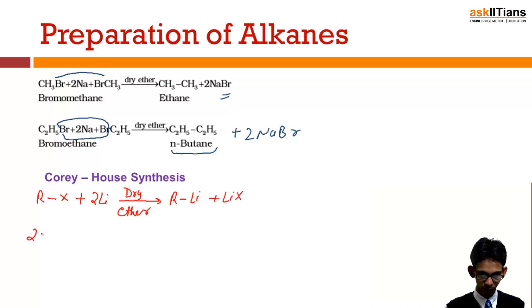Then two molecules of this alkyl lithium react with copper iodide to form R2CuLi, and lithium iodide is formed.